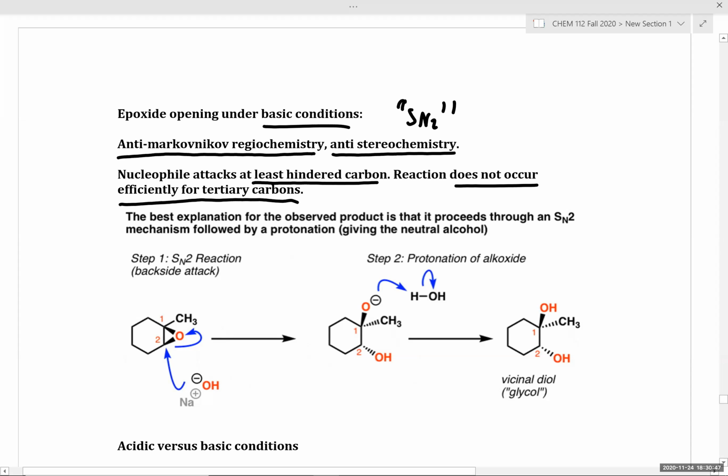And as we'll see later on, because this reaction is operating through an SN2-like mechanism, it's very difficult to open at a tertiary carbon. That reaction occurs so incredibly slowly that it's likely not going to happen efficiently under basic conditions. So does everyone see really clearly here that under basic conditions, we deal with anti-Markovnikov regioselectivity? Does that make sense to everyone?